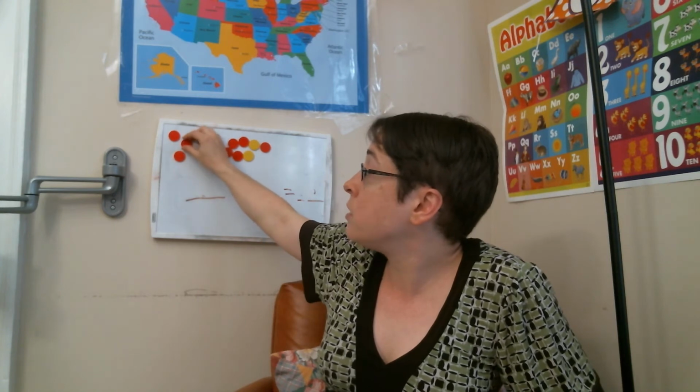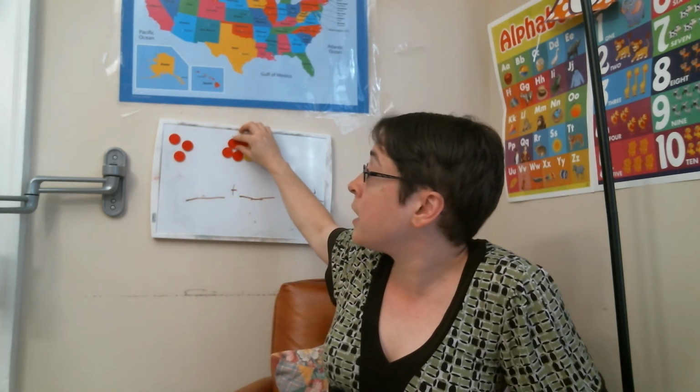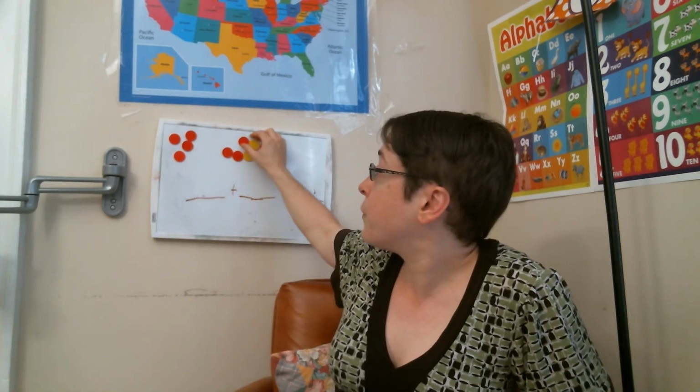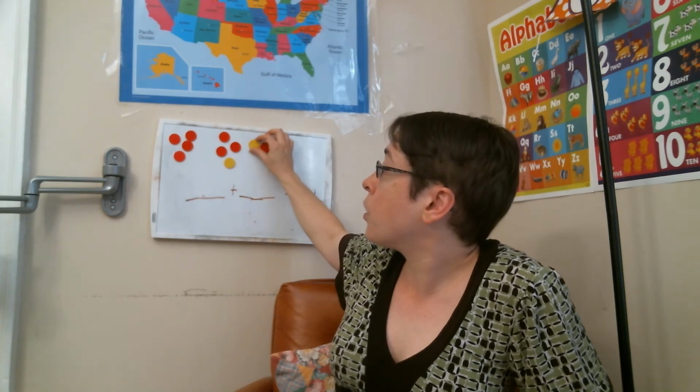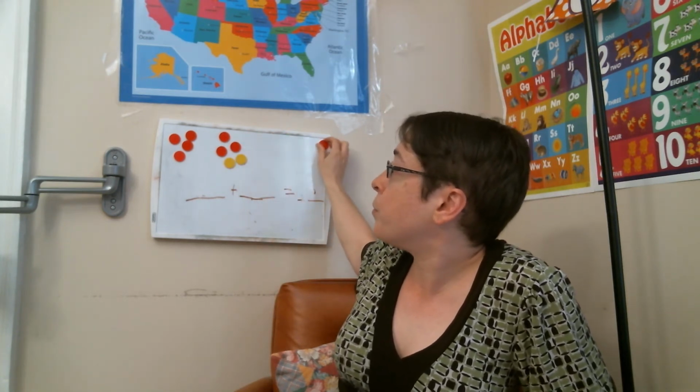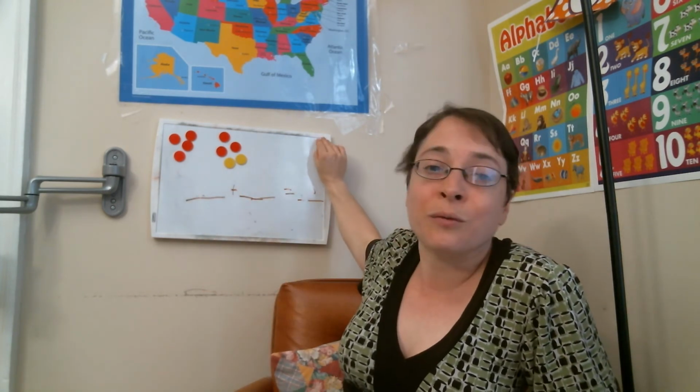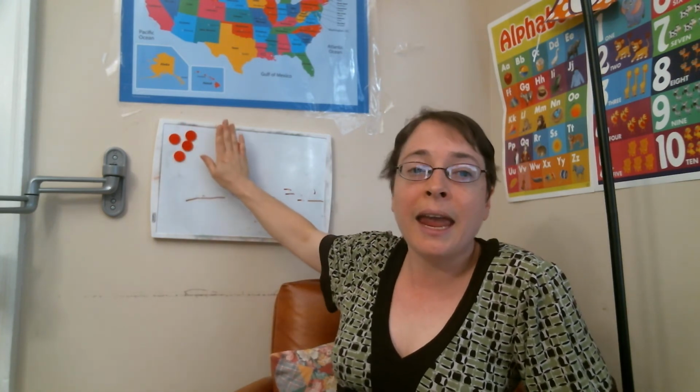So we have 1, 2, 3, 4. How many pennies does her brother James give her? 5. 1, 2, 3, 4, 5. Move that over there. How many pennies does she have all together? So we're not going to count that one. We just have the 4 and the 5.